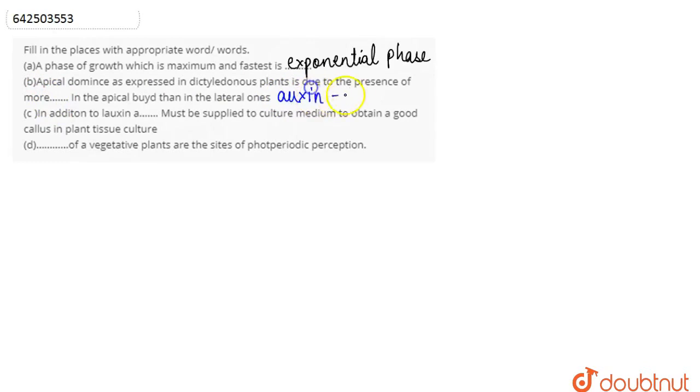As we know, auxin is basically a growth hormone. So when the auxin is present more in the apical bud than in the lateral bud, then the apical dominance is seen in the case of dicot plants.